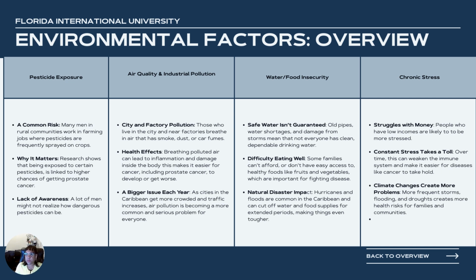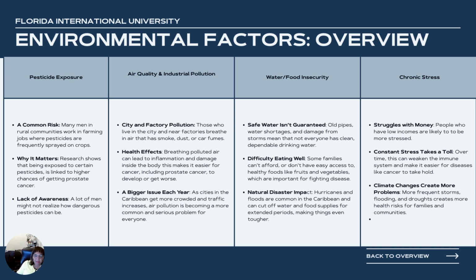So, pesticide exposure, which is a common risk. Many men in the rural communities work in farming jobs where pesticides are frequently sprayed on crops. Often they don't use safety gear or get proper training for handling these chemicals.